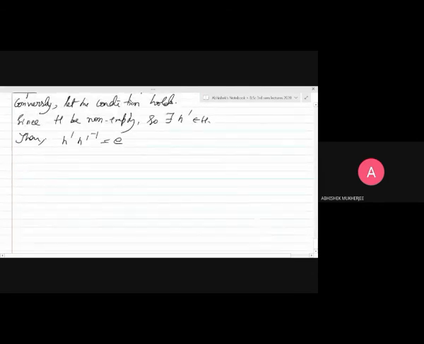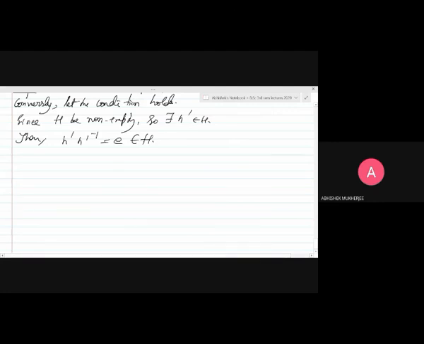Is it possible that this belongs to H? Why? Why is this element in H?